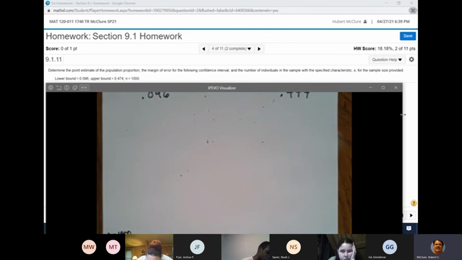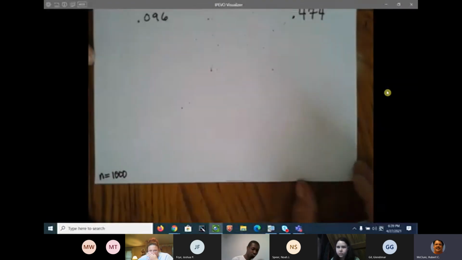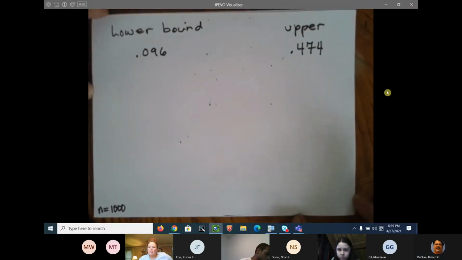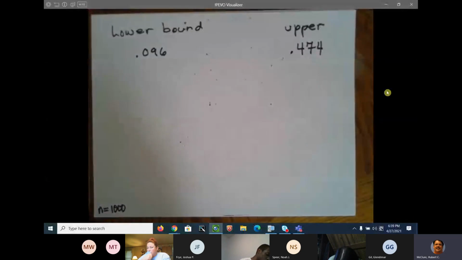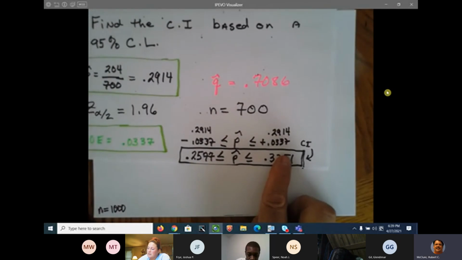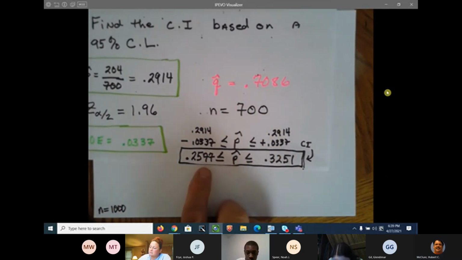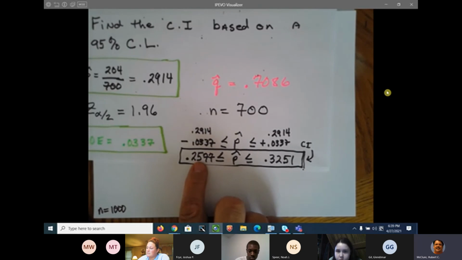Now, what they are doing right here, you need to write this down. They are giving it to you backwards. Okay? Let me show you what I'm talking about. Y'all remember when we did the confidence interval a while ago? And we got this? Everybody see that right there? Tell me what this one is right here.